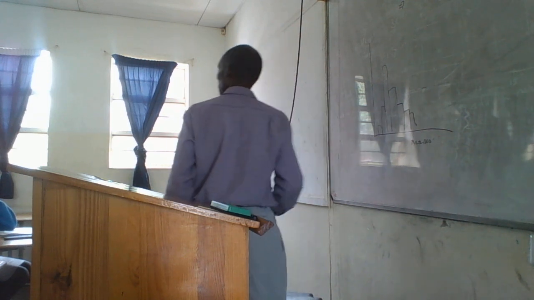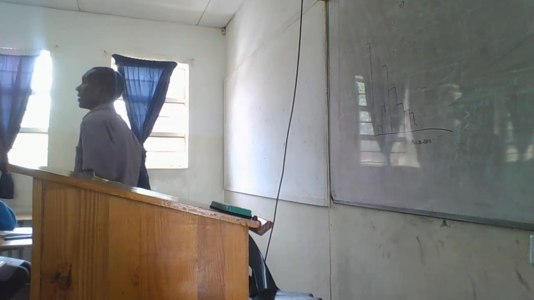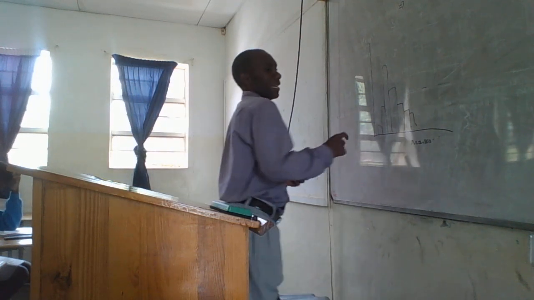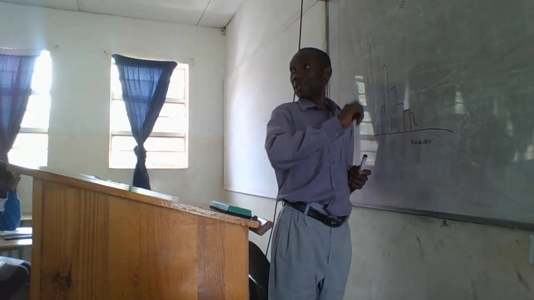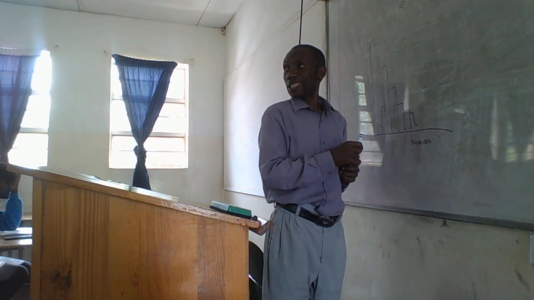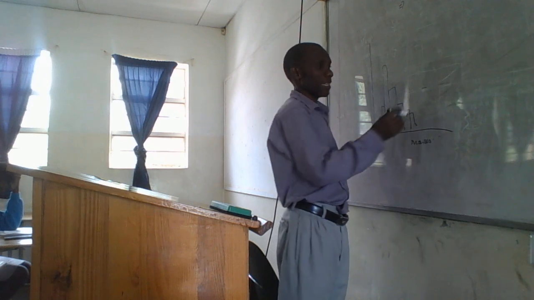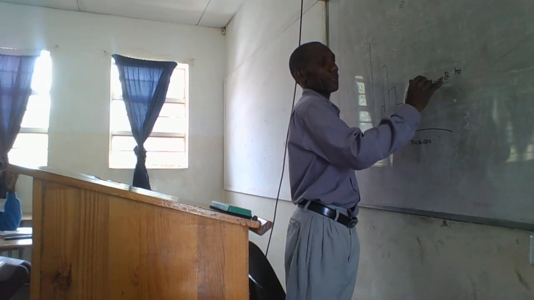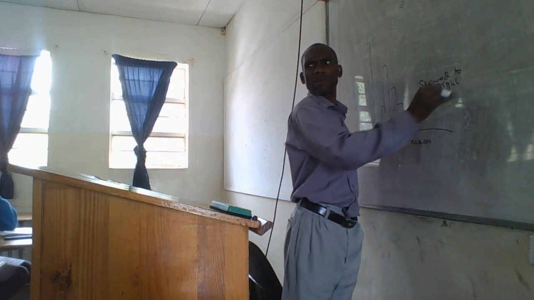When you look at that one, it is skewed to the right, right? So this one is skewed, we call it skewed to the right. Look at the other one.